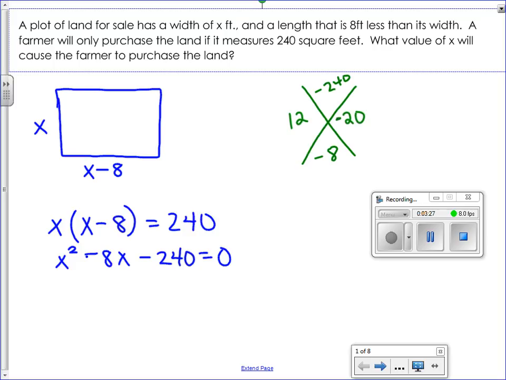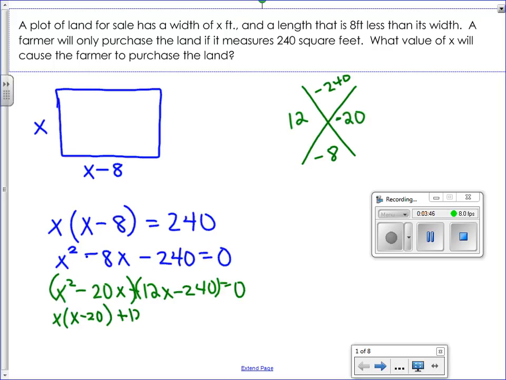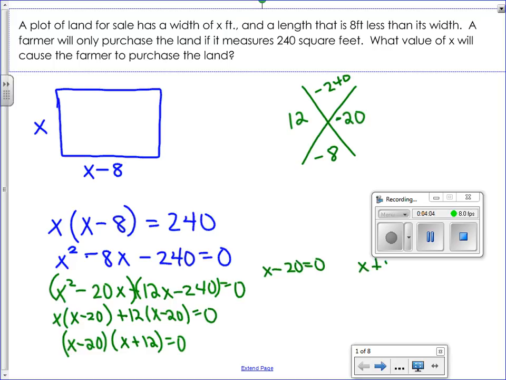Okay, so I'm going to say X squared minus 20X plus 12X minus 240 equals 0. So X minus 20 times X plus 12 equals 0. X minus 20 equals 0, X plus 12 equals 0. Either X equals 20 or X equals negative 12.